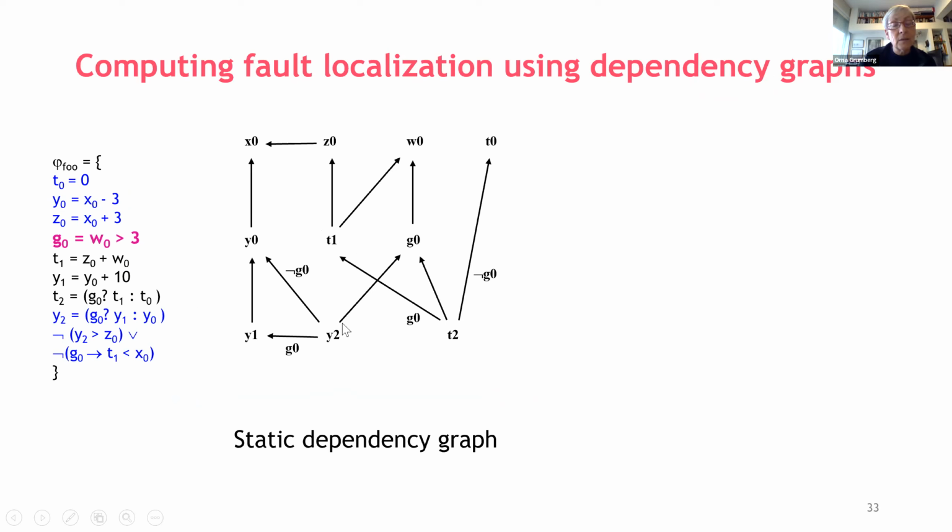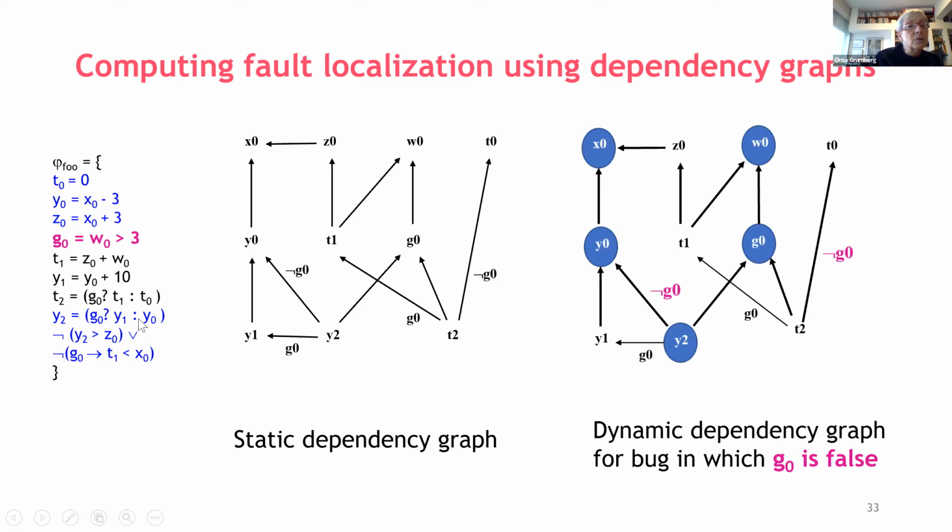On the other hand, Y2 depends on Y0 only if G0 is false, because the definition of Y2 is a kind of if-then-else, and we see that Y2 depends on Y0 only in case G0 is false.